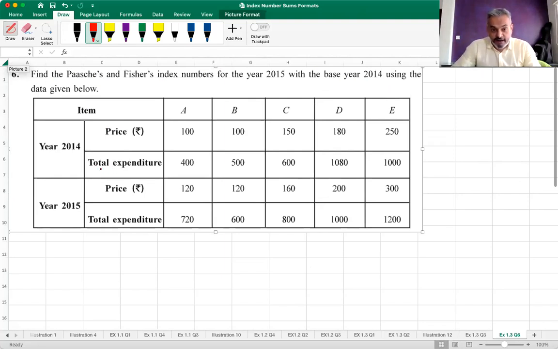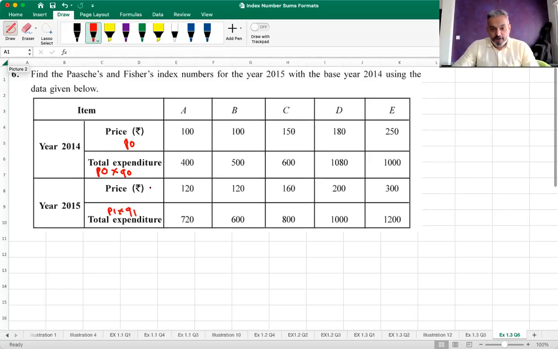Expenditure यानी खर्चा. So expenditure means what? Price of base year into quantity of base year. So here we have to find quantity. How will we find the quantity? Total expense divided by price, you get quantity. Similarly, price of current year and total expenditure, which is P1 into Q1.